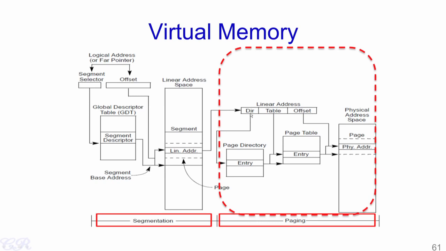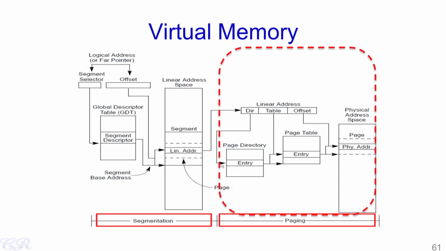You have a directory entry which comprises 10 bits, a table entry comprising 10 bits and an offset comprising 12 bits. The directory entry is used to index into a page directory table which is present in memory. In x86 systems, this page directory is pointed to by a register known as the CR3 register.